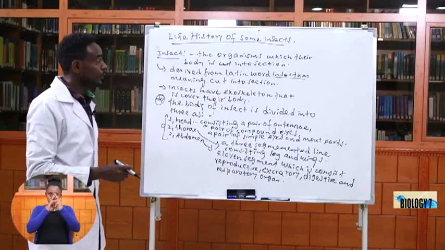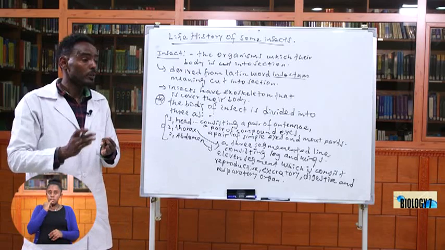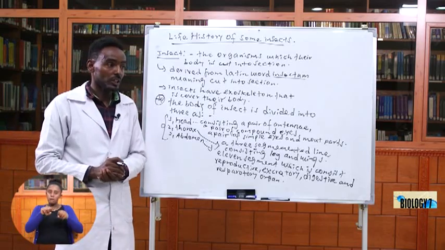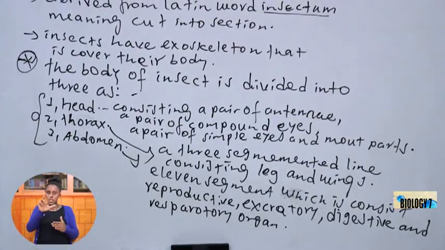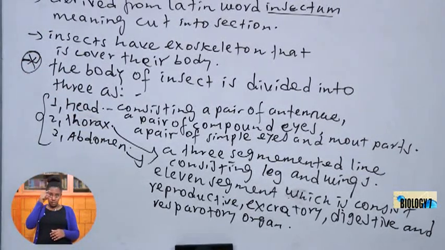Dear students, don't forget, the main characteristic of the insect is that their body is cut into sections. Their body is divided into three: head, thorax, and abdomen.